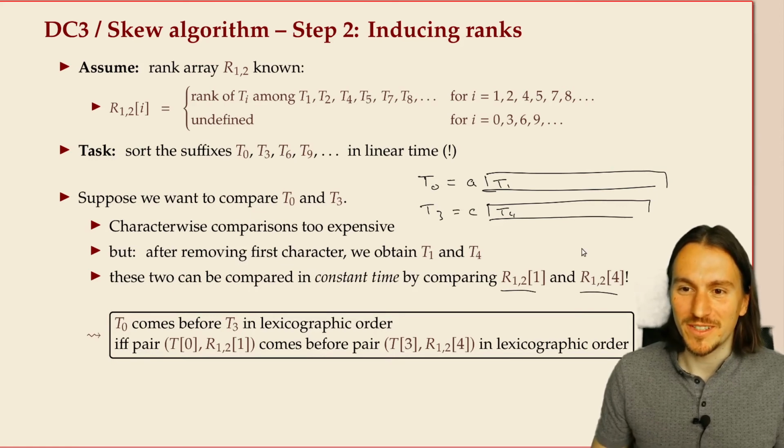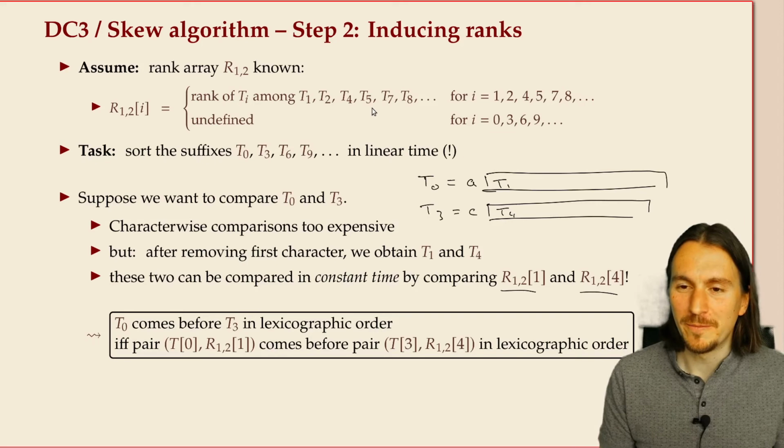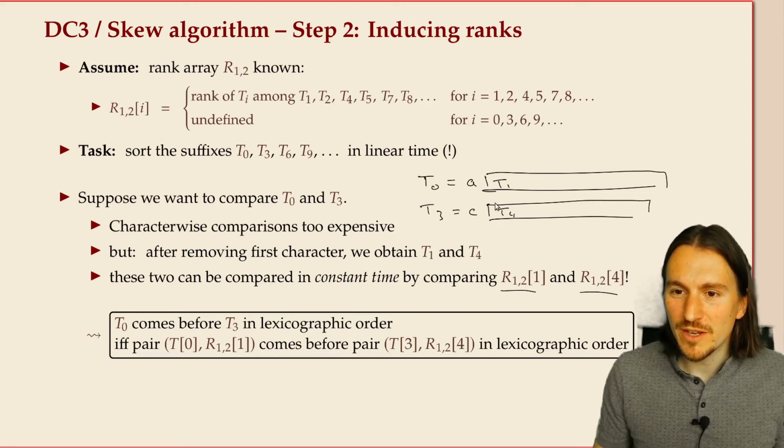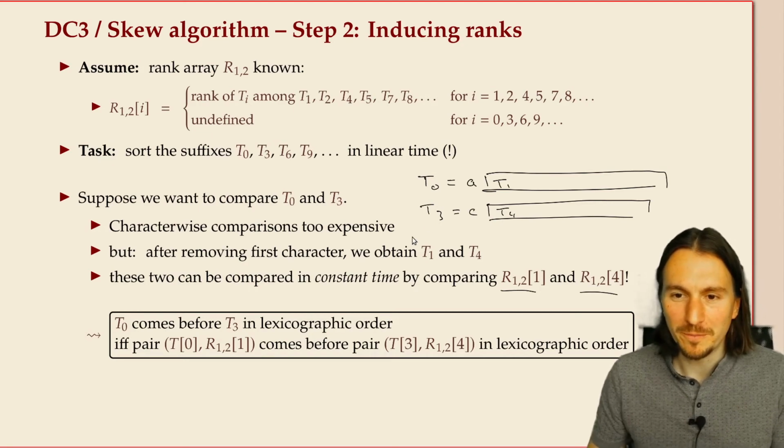That's the magic trick. By splitting off one character, we fall back into the set of suffixes that we know how to compare. And we can use that information to compare these other long suffixes that we didn't know anything about up to that point.